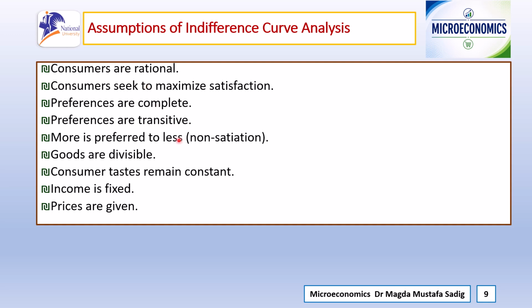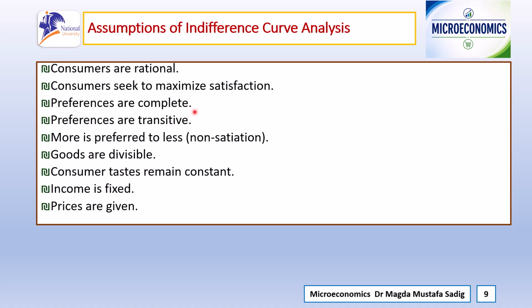The second assumption is that consumers seek to maximize satisfaction. Since their income is limited, consumers try to spend their money in a way that gives them the greatest overall benefit. They do not simply buy the largest quantity of goods. Instead, they choose a combination of goods that provides the highest level of utility.